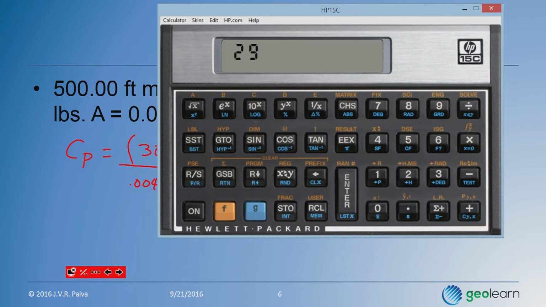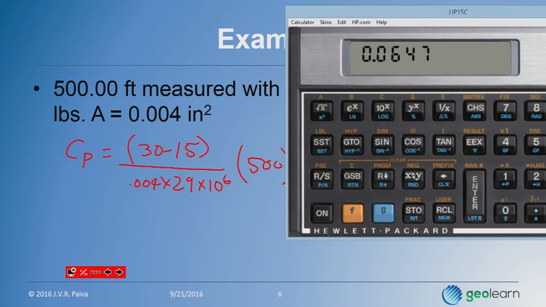And on this calculator, you enter that as 29, hit the EEX button and then the 6, so you see 29 times 10 to the 6th is what this is supposedly saying. So you divide by that, and then we multiply by 500, and we get 0.0647.